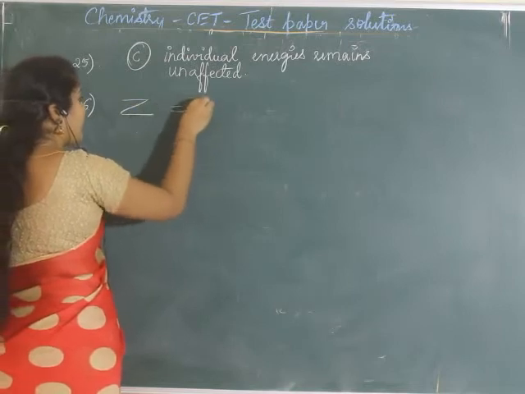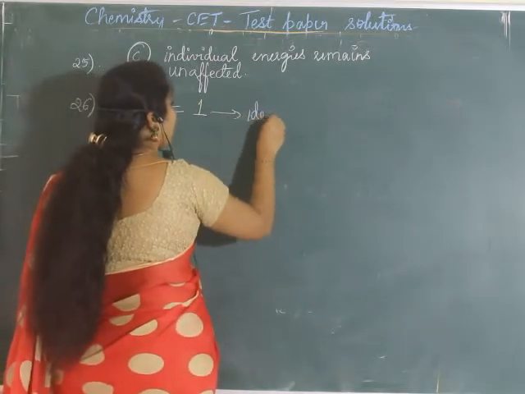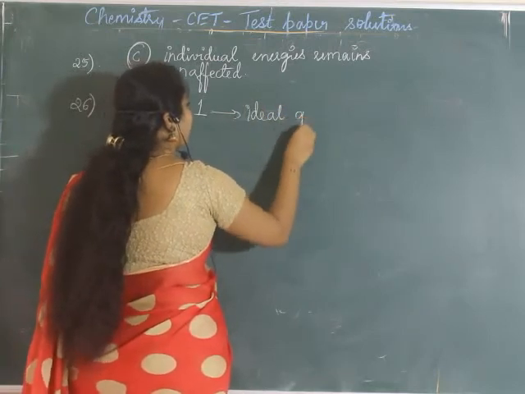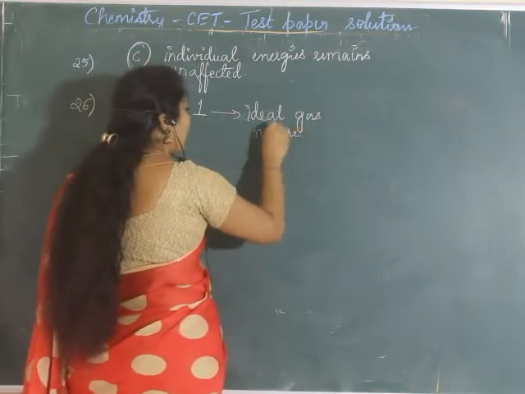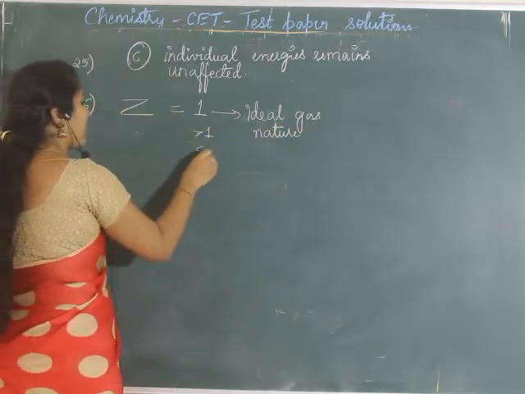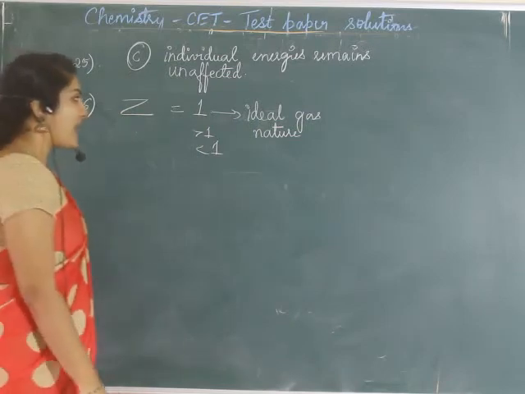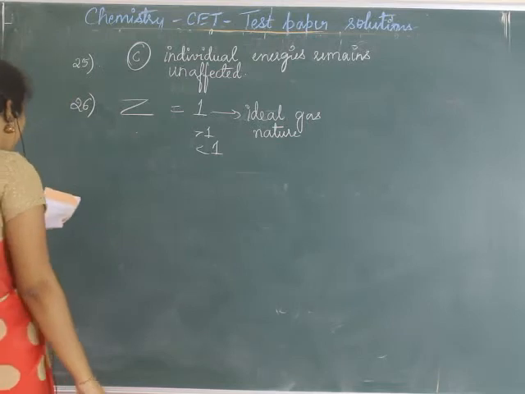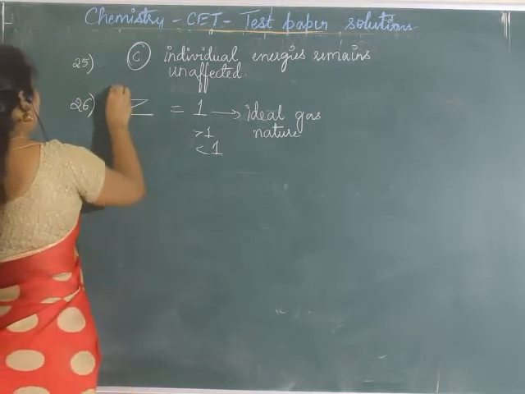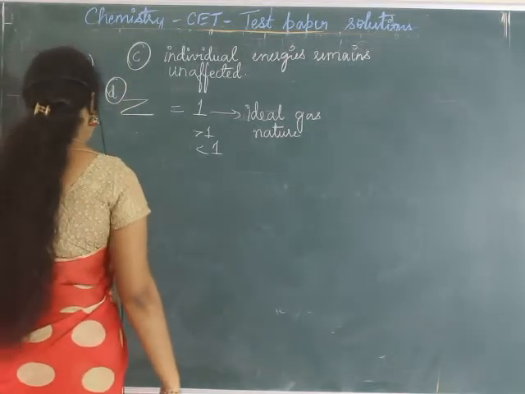If it is equal to 1, the gas shows ideal gas behavior. If it deviates, being greater than 1 or less than 1, then it deviates from ideal gas behavior. So the compressibility factor is used to measure the deviation from ideal gas behavior.